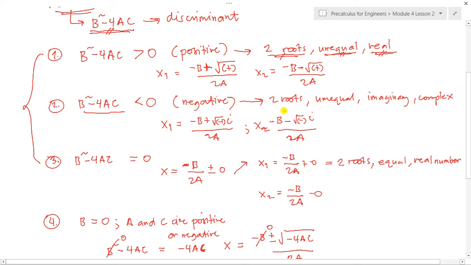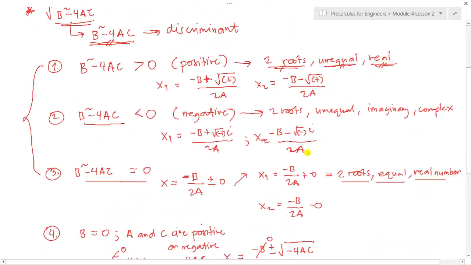So therefore we have two roots, unequal but imaginary na or complex number. And then we have here b squared minus 4ac equal to 0. This time yung roots natin is dalawa pa rin, but they are equal and real numbers. So real numbers na sila, class.